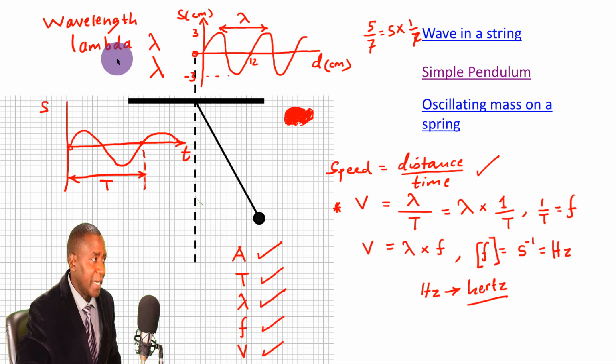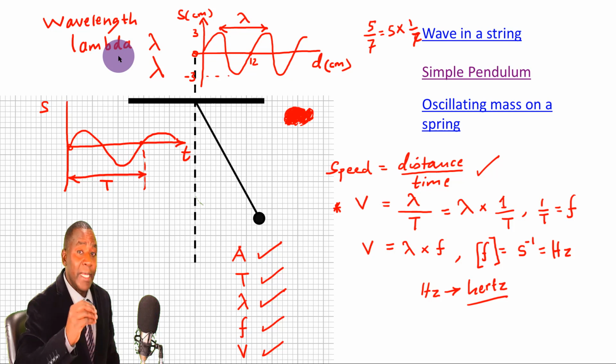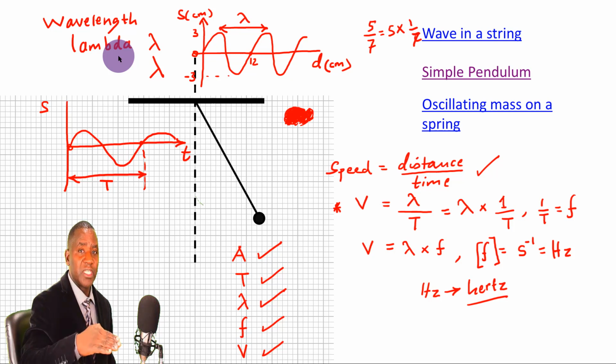Lambda is a letter in the Greek alphabet, just like alpha, omega, theta, beta, and so forth. All those are letters in the Greek alphabet, and we use them in physics to represent certain physical quantities. We have already discussed this one before.